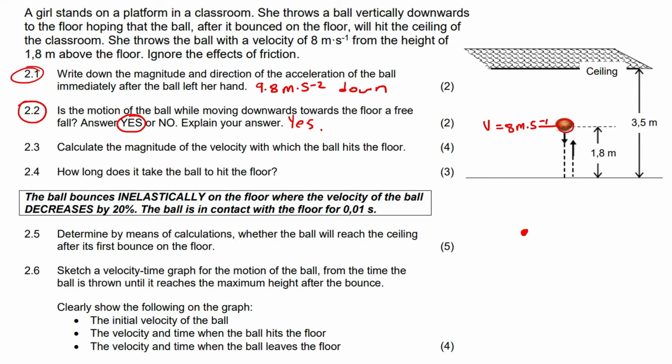Now, technically you are correct, but we ignore all forms of friction and air resistance for this chapter in grade 12. The only force acting on objects in this chapter when they have left the person's hand, and if they're not touching the ground, because obviously when they're touching the ground there's going to be a force of the ground. But when they're just moving through the air, the only force is gravity. And that is considered to be free fall.